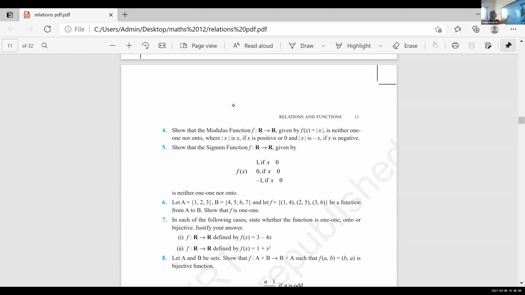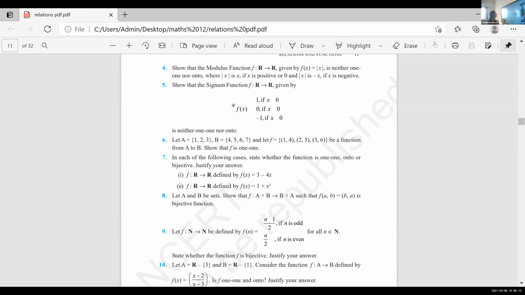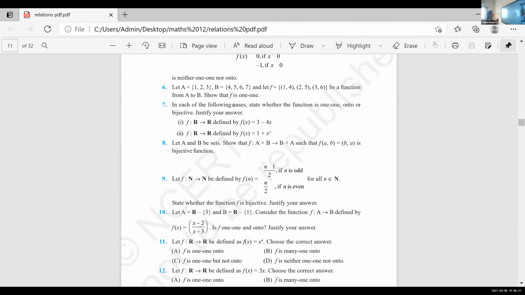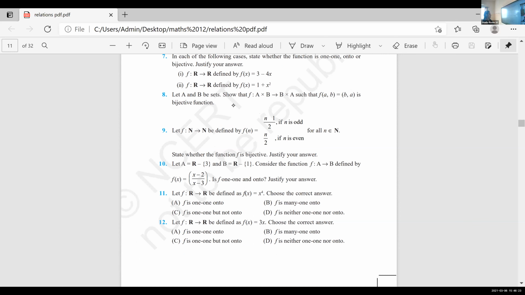Then modulus function, signum function. Now the ninth one we discussed, 8th and 9th and all we discussed. 10th one we discussed, similar questions only. 11th one and 12th one, you have to check whether it is 1, 1 or onto. Afternoon session I gave this one. So complete the exercise questions again. Do each and every question. So the second exercise is over.